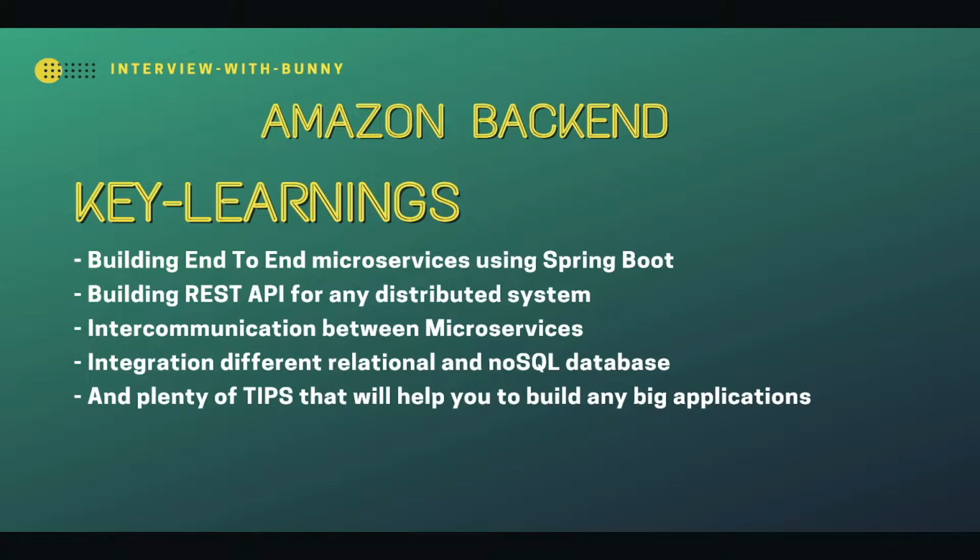Number two, how to create a REST API for a distributed system. Number three, how we can do intercommunication between the microservices sitting on different environments. Number four, how we can integrate a relational and a non-relational, that is a NoSQL database within the Spring Boot application. And number five, plenty of tricks and tips of how to create a Spring Boot microservice architecture.